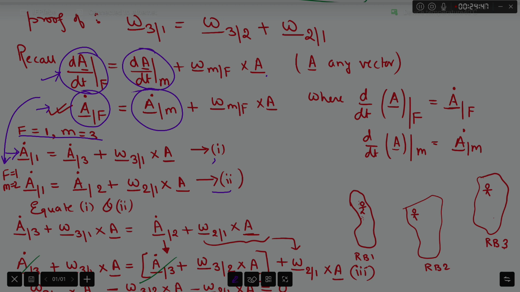Now since the left hand sides of 1 and 2 are the same, I am going to equate them and that leads me to the equation I have here, which is the rate of change of A with respect to 3, and then cross product of omega 3,1 and A, and on the right hand side I have rate of change of A with respect to 2 and the cross product of angular velocity of 2 with respect to 1 and A itself.